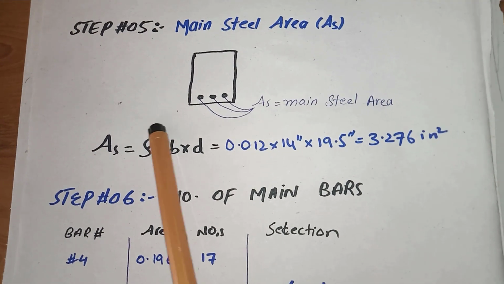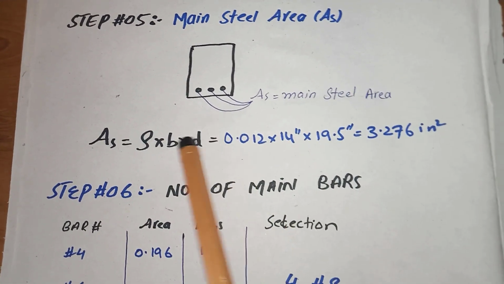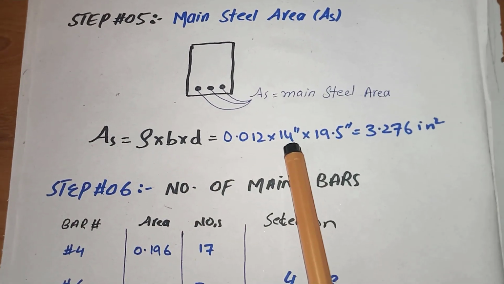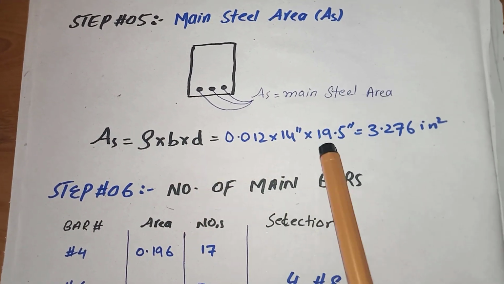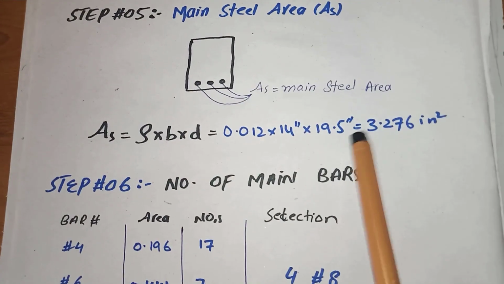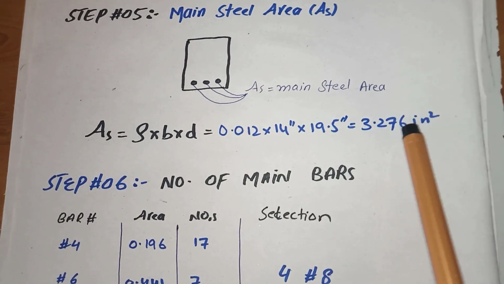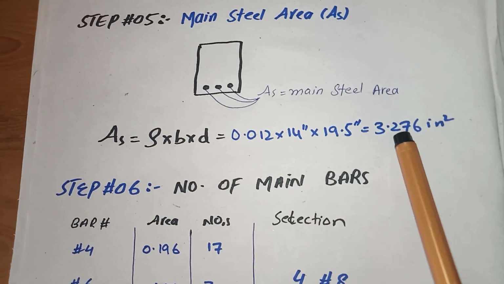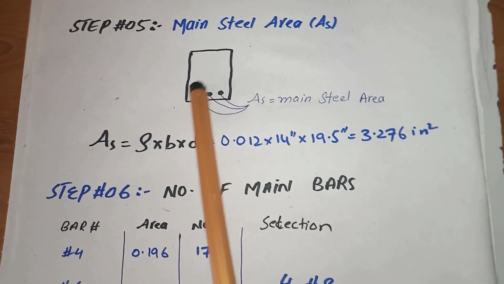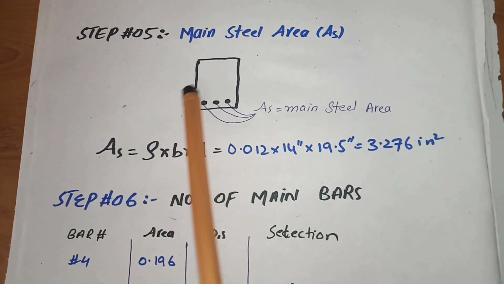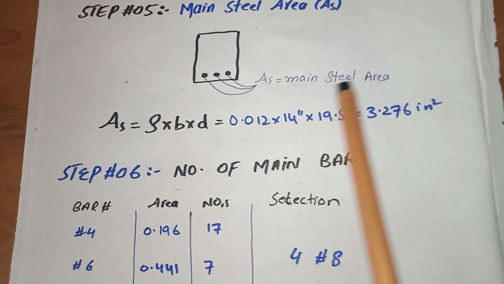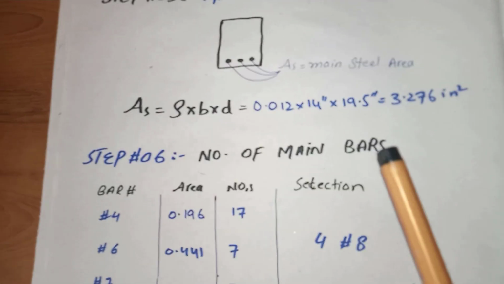So here we had rho value 0.012, and b we have just calculated in step 4, that is 14 inches, and d is 19.5 inches. We will multiply these and we will get the answer 3.276 inch square. That is the area of the steel, or of the reinforcement, that is to be used in this beam section. We call it the area of main steel.